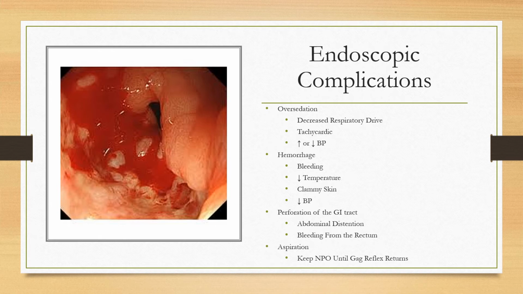There's also a risk of aspiration if they didn't follow the pre-procedure advice and had something to eat. So not only is that going to make it hard for the provider to look at the stomach because there's going to be food in there, but if they vomit, they're going to vomit up food that they could aspirate. Okay, so aspiration is a concern with an ERCP or an EGD.